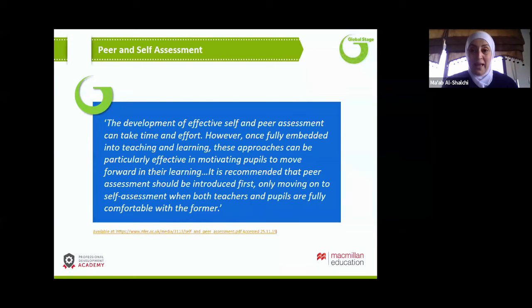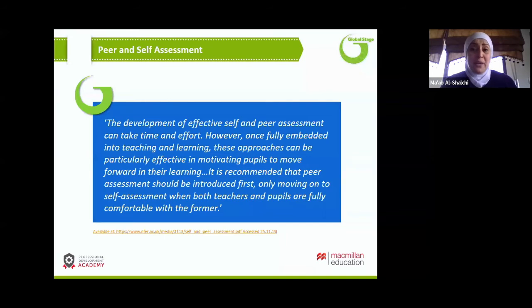It is at the beginning a little bit hard to get your students to, let's say, feel that they're engaged and they need to put effort into what you're asking them to do.